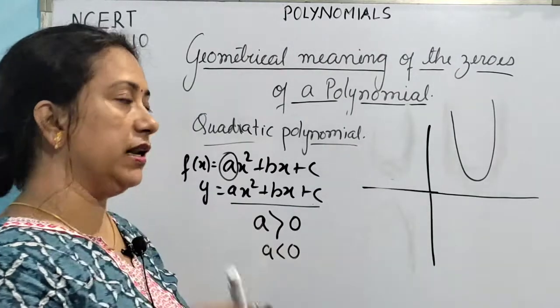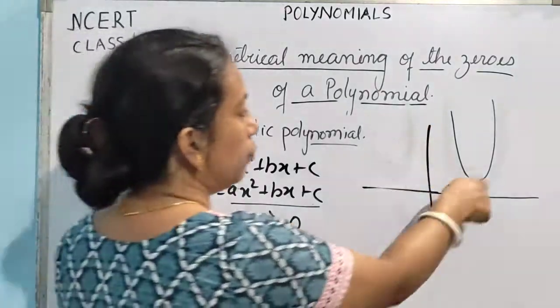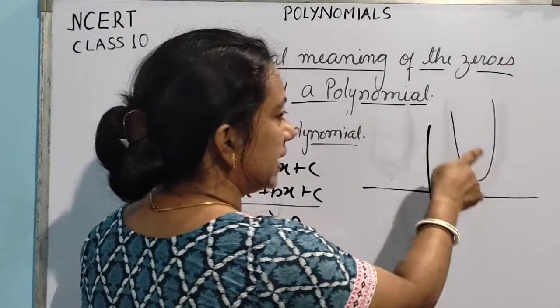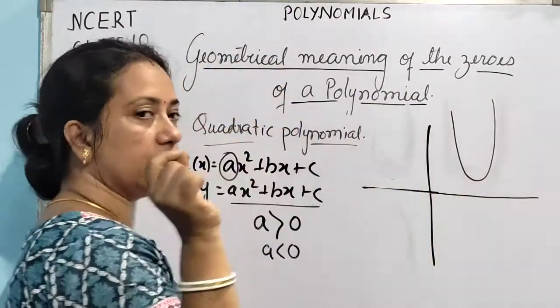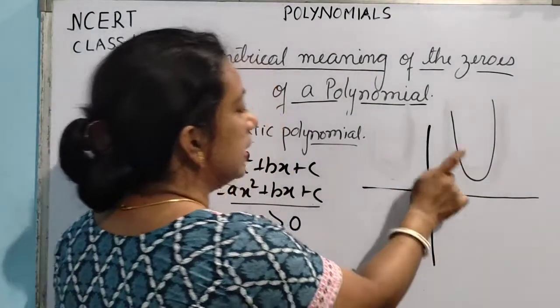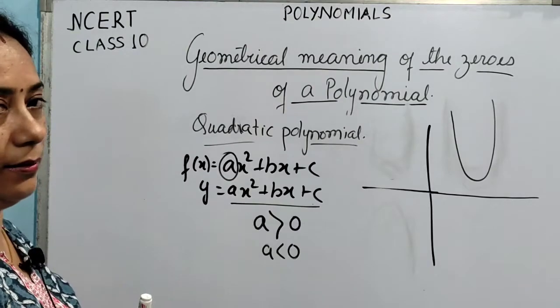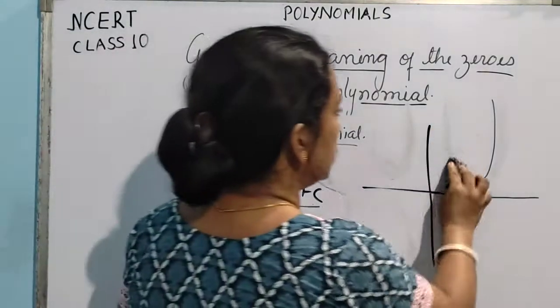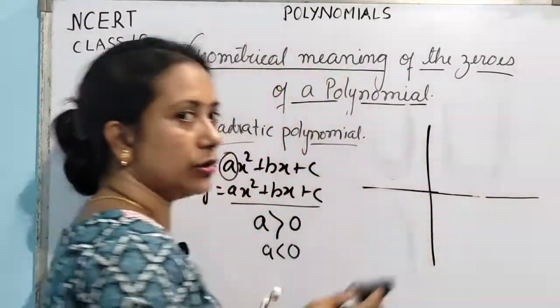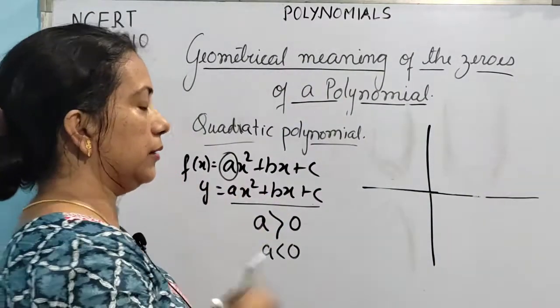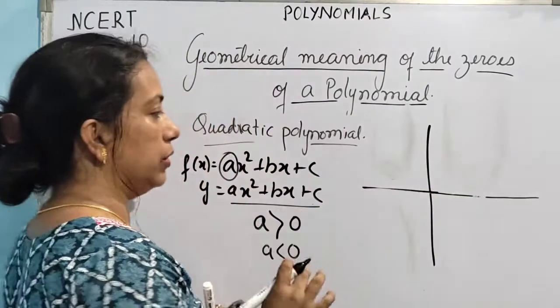It is open upwards, so a is greater than 0, but since it is not intersecting the x-axis, the zeros of the polynomial are not real. They may be imaginary, and this is not in your syllabus. You need not learn about that one.